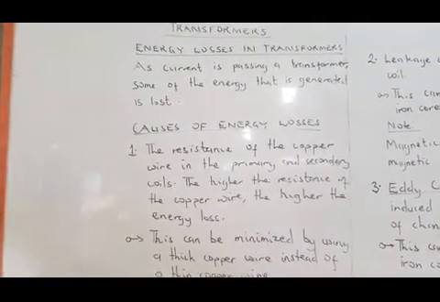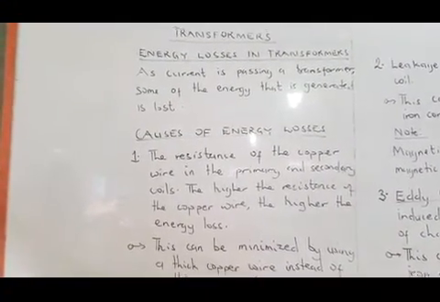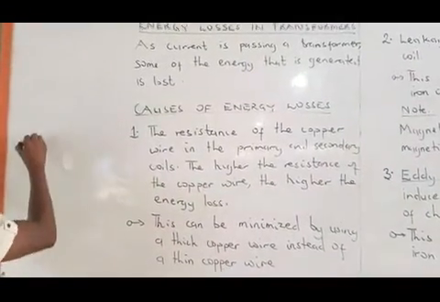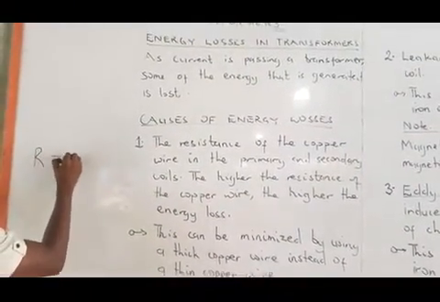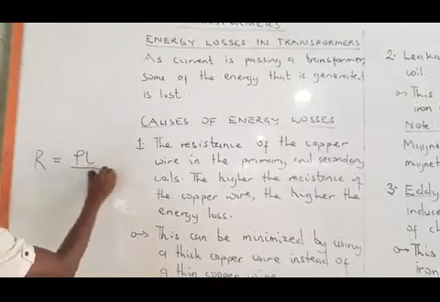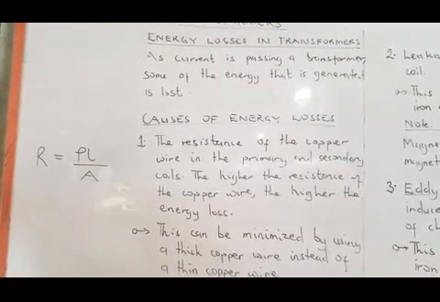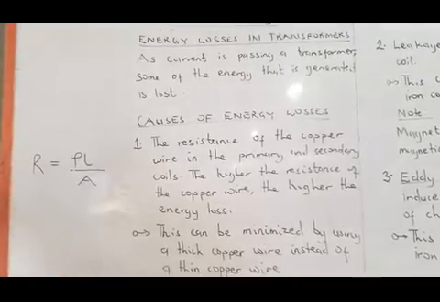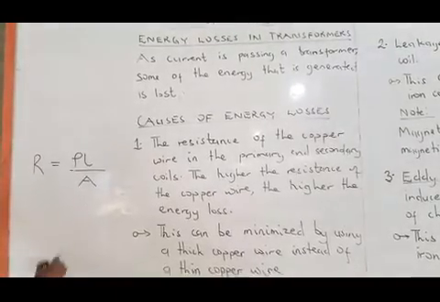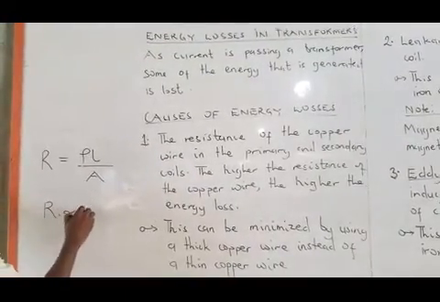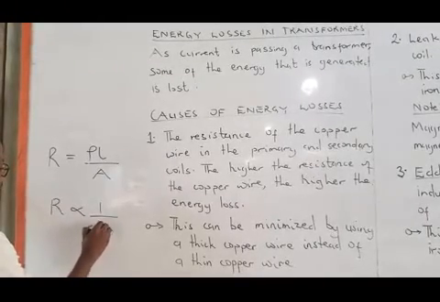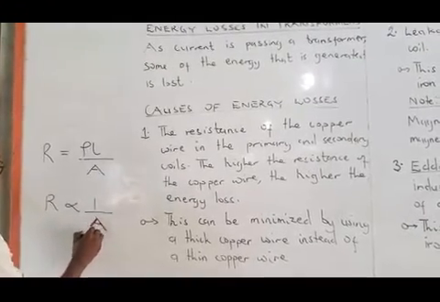There is a relation between resistance and cross-sectional area. Resistance is given as the resistivity times the length over the area. So from here, your resistance is inversely proportional to the cross-sectional area.